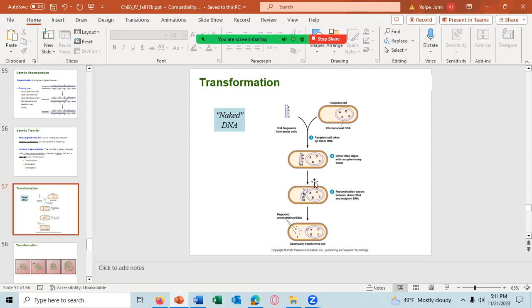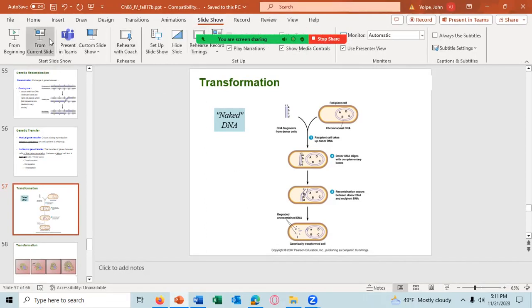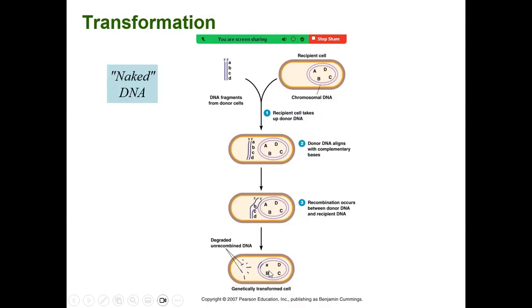And then the DNA that combines with the chromosome can be expressed, and that can change the phenotype of this cell. Because now this cell has the lowercase a gene, and previously it never had that gene. That gene came from the DNA molecule coming out of a donor cell. Any question about any of that?